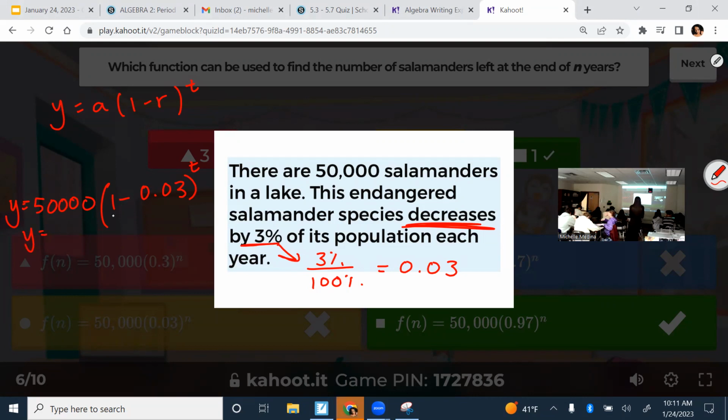Sometimes they work it out, the 1 minus 0.03, and then they put 0.97 in the parentheses. Feel free to check that in your calculator if you don't believe me, but only one team got it right. So hopefully you're all taking really good notes.